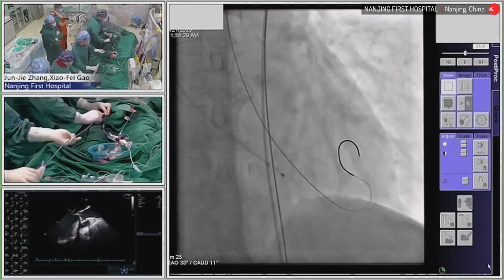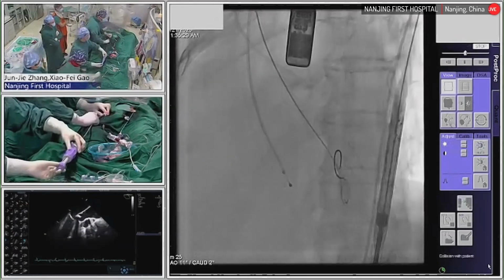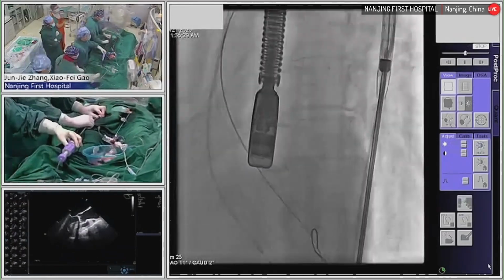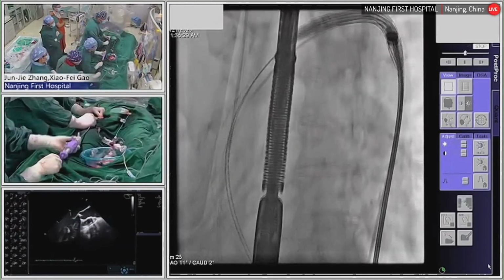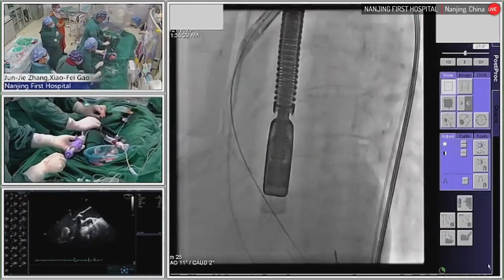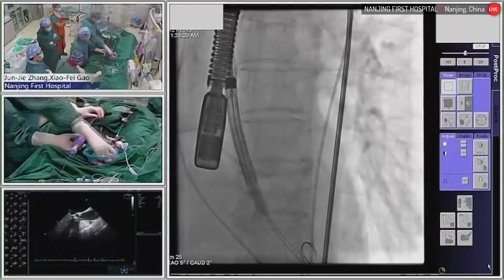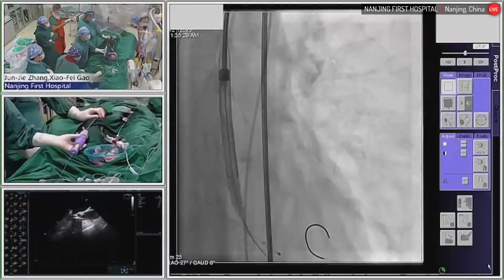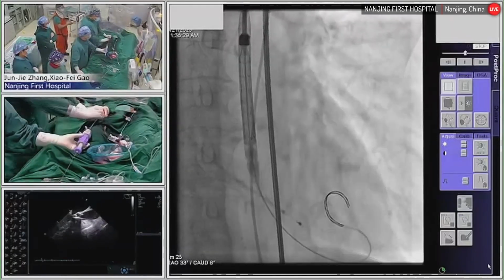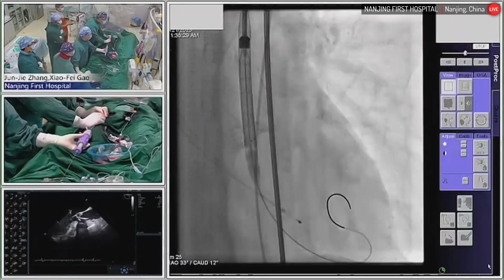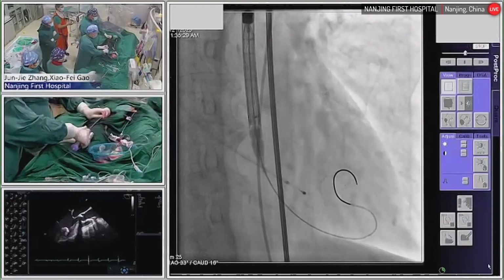Okay, we successfully crossed the valve, and we will go to the RAO caudal view. Line up the three points in one line. That's good. Yeah, I think it's good. Let's release the valve.